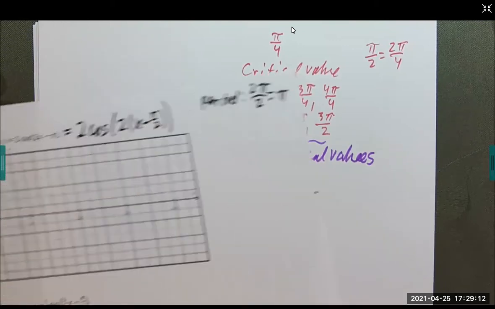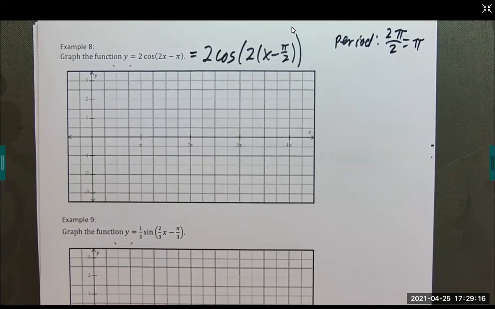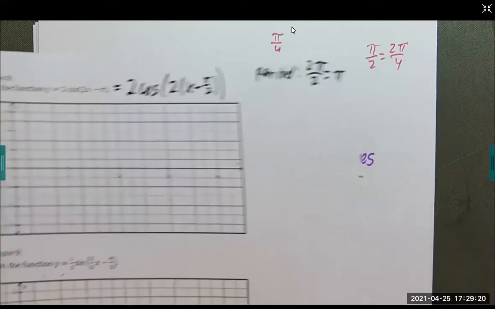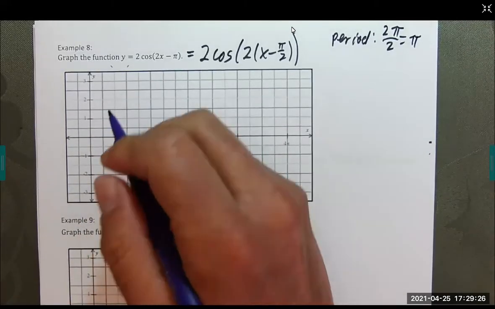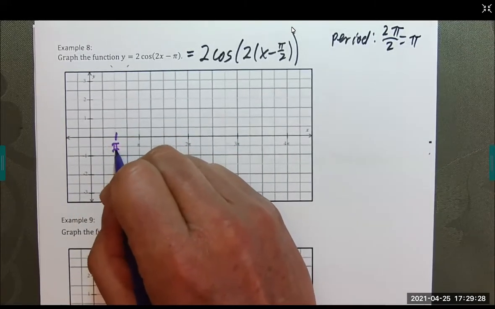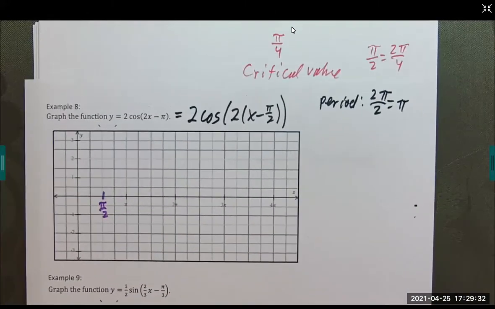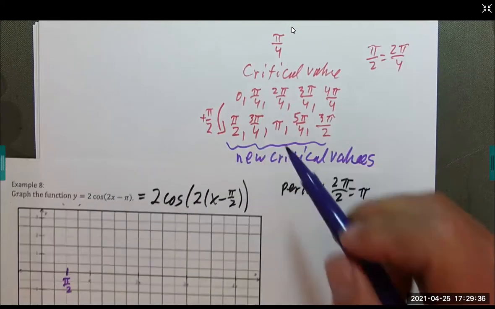All right, we're going to come back to our graph, and I want to mark down each of my new critical values. So the first one's going to be pi over 2. So this is pi, half of that's there. So here's my pi over 2. This is where I'm going to start. Next up, 3 pi over 4.